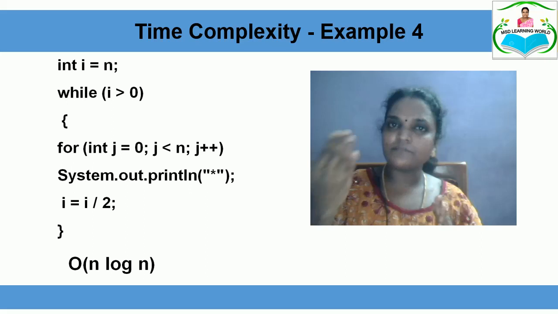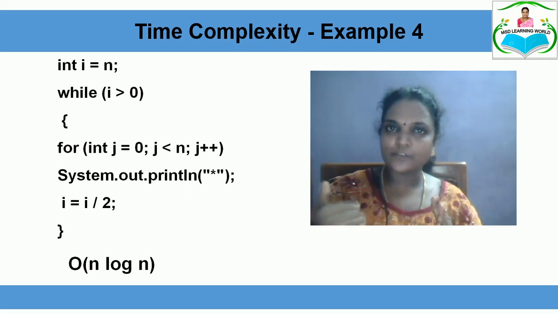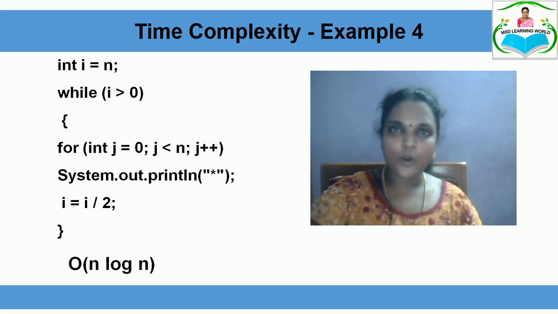After the for loop, the value of i is divided by 2. So it is very clear that the i loop is executed only for half the value of n. So the outer while loop is executed for n by 2 times, and the inner j loop is executed for n times. So the time complexity of this sequence of statements is order of n log n.